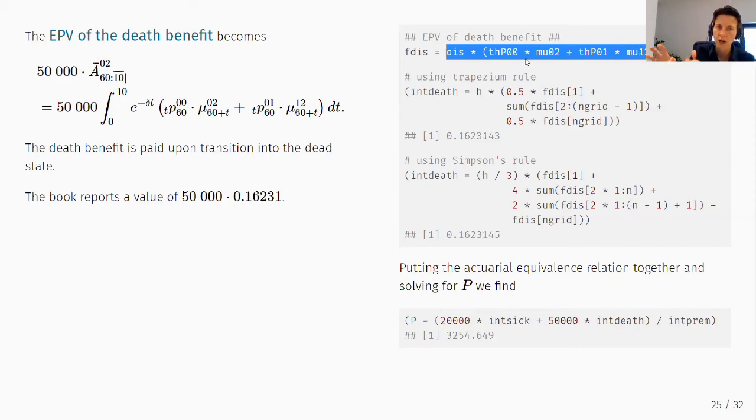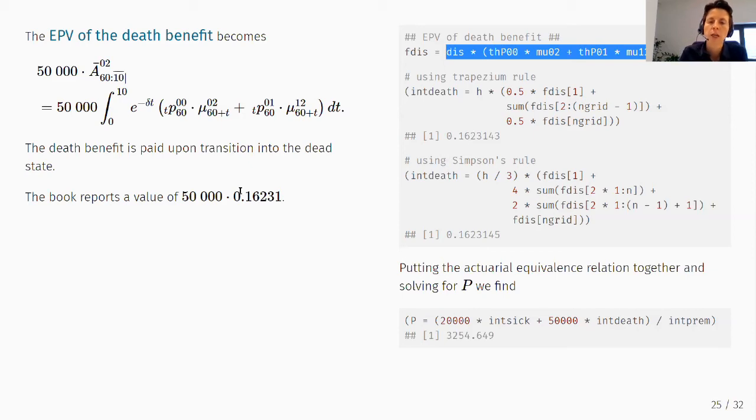This is all extracted from my reproduction of table 8.1 in the previous example. I do my trapezium rule, or my Simpson rule, and I see that what Dickson, Hardy, and Waters report in the book does make sense. That's the same result as what we obtain over here.